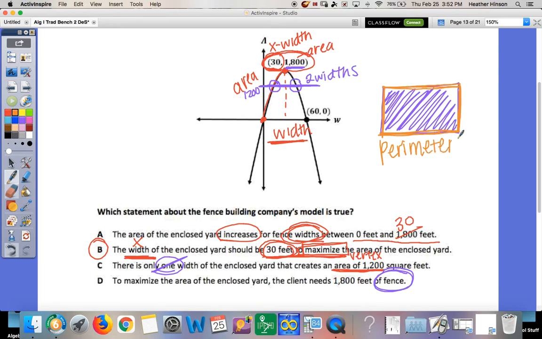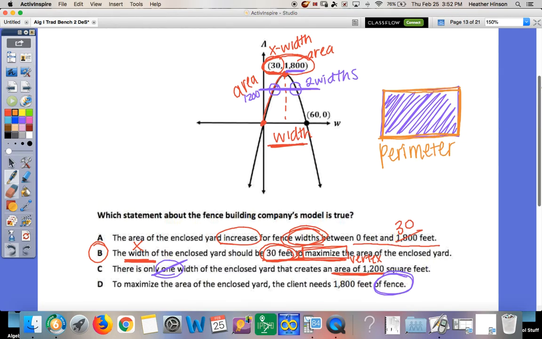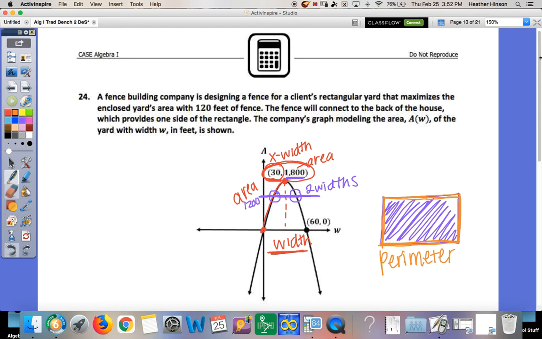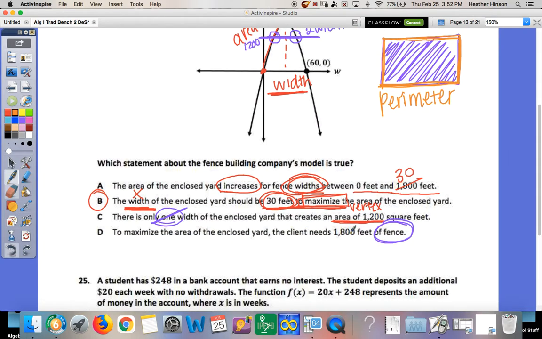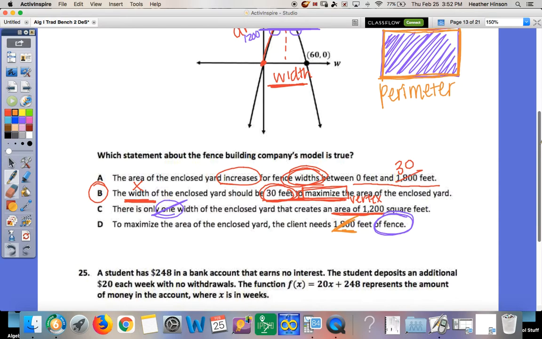That is not area. Also, you could go back to your word problem. It says up here that they're designing a fence for a client's rectangular yard that maximizes the enclosed yard's area with 120 feet of fence. So only 120, not 1,800. So that's why that one's wrong. So our answer was B.